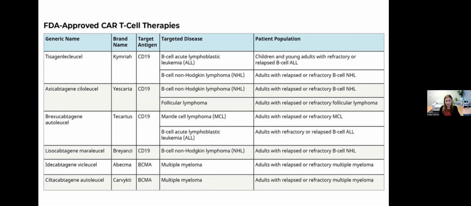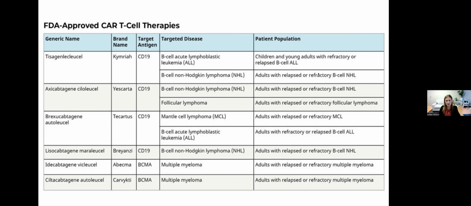So now there are 6 FDA-approved CAR T cells, which is really exciting. And Kymriah was the first that was approved. It was approved in B-cell ALL in children and young adults for refractory and relapsed B-cell ALL. And then if you look through this list here, what you see is that patients are relapsed or refractory.